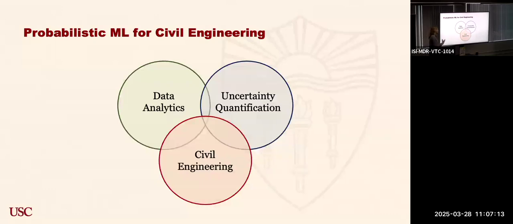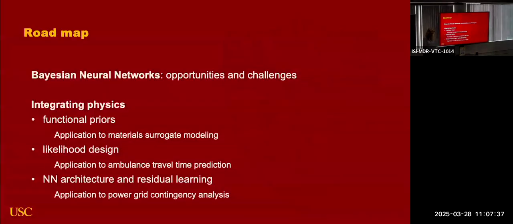And because of this, a lot of the work that I do is in probabilistic machine learning, right? So we try to quantify the uncertainties in our data and our models in order to have confidence estimates around our predictions. So really, my research lies at the intersection of data analytics, mechanistic modeling for civil engineering, but also a big part of uncertainty quantification. So this talk in particular is about Bayesian neural networks, where basically we try to integrate some uncertainty estimation within neural networks.